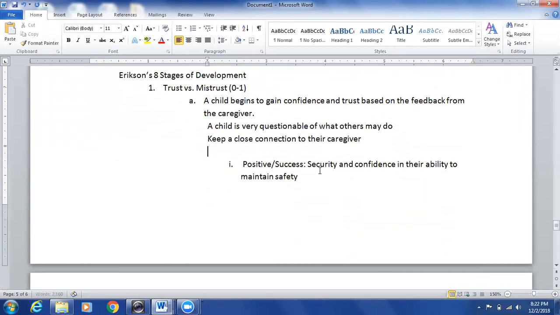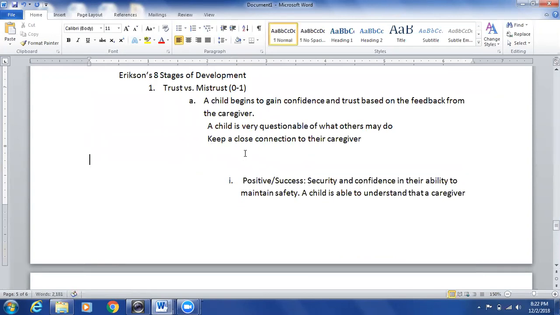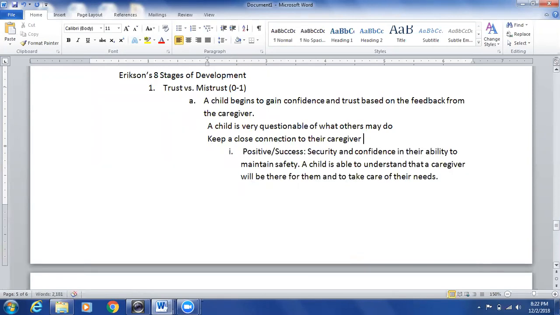And then beyond the sense of safety, a child is able to understand that a caregiver will be there for them and to take care of their needs. So beyond a security thing, it provides reassurance to them that they're there.